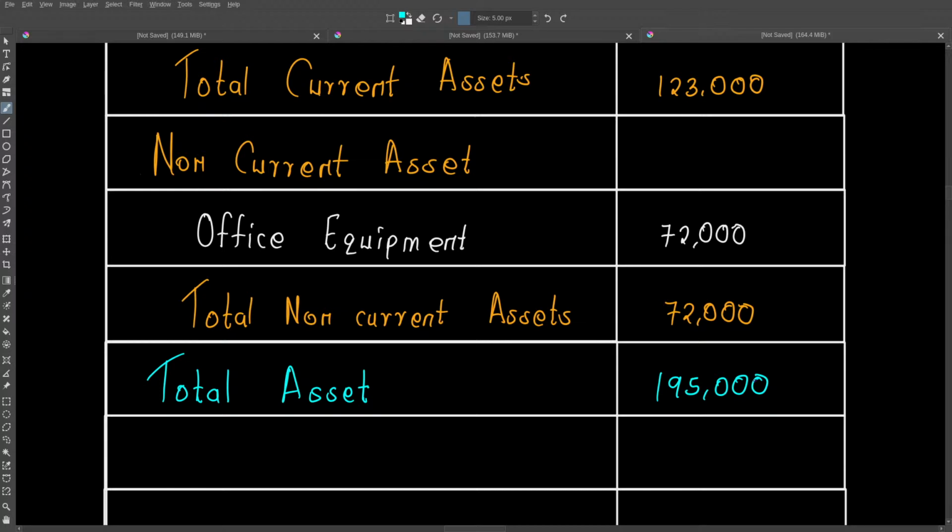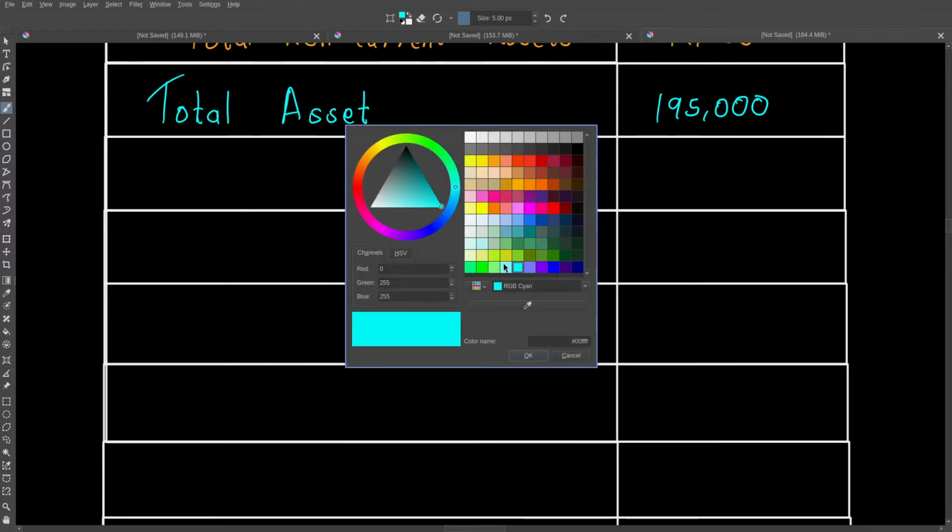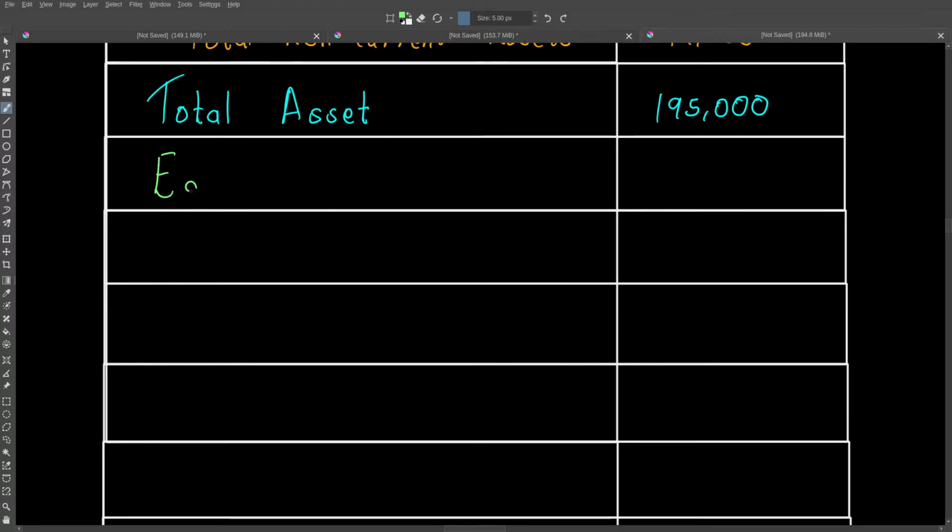Now let us start with equity. Remember the statement of financial position has assets, liabilities, and equity.